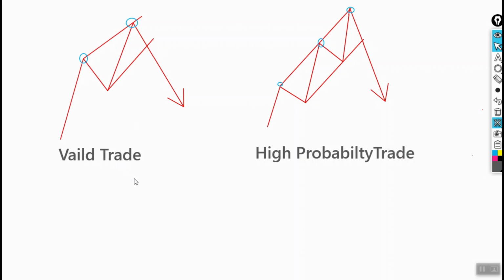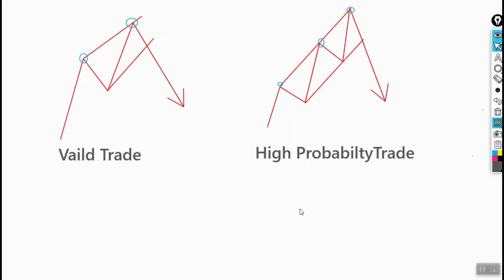That's the difference between that and the next example, which is a rising, ascending channel. As you may see, the first touch is over here, the second touch is over here, the third and last touch over there, way before going down. These three touches or more add probability, making it more probable to go in your direction.